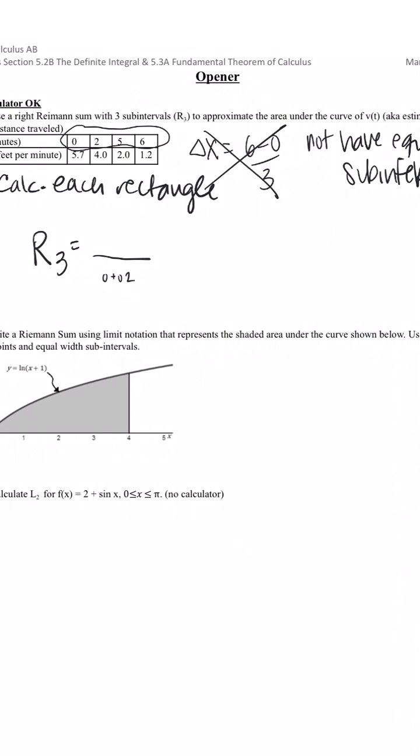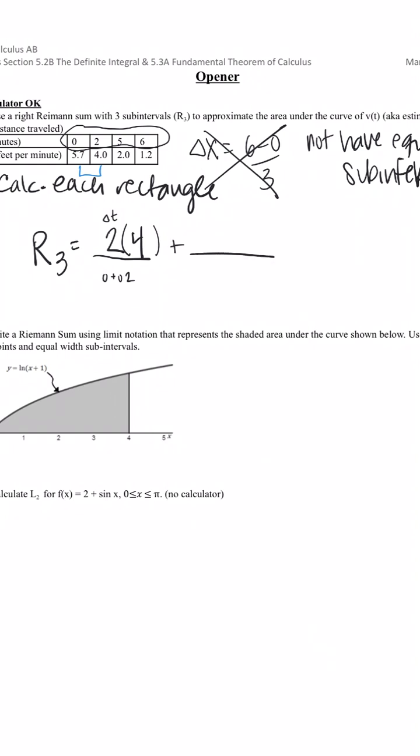So that's going to be a delta t value of 2. And then, looking at these two values here, the right point is 4, because I'm ignoring what's happening at 0. I'm only using the function value at 2.